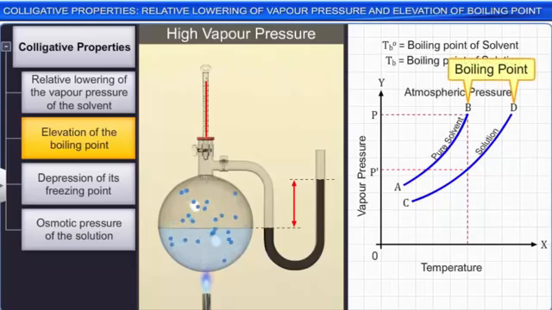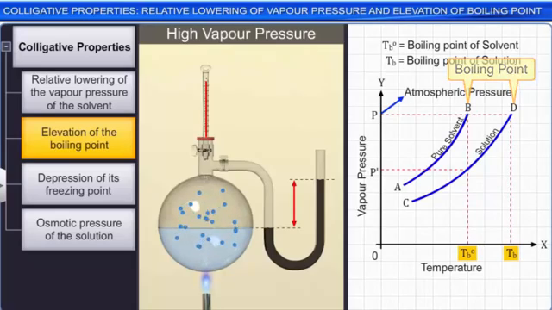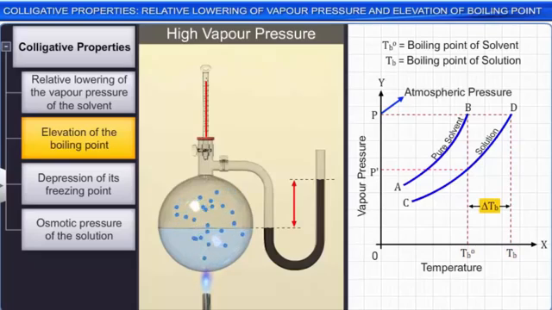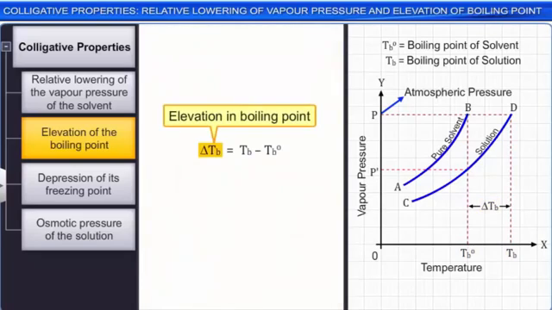The temperatures at which the vapor pressure of the solvent and the solution become equal to the atmospheric pressure are Tb0 and Tb respectively. The difference, Tb minus Tb0, is represented by delta Tb and gives the elevation in the boiling point of a solvent in solution.